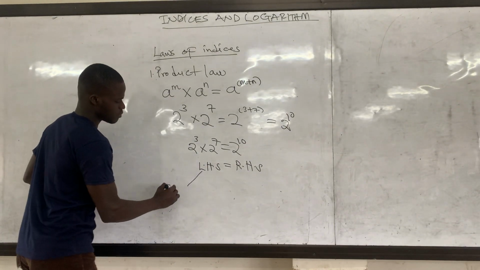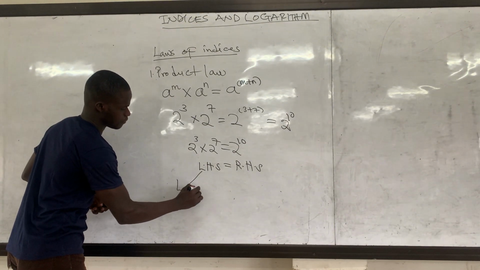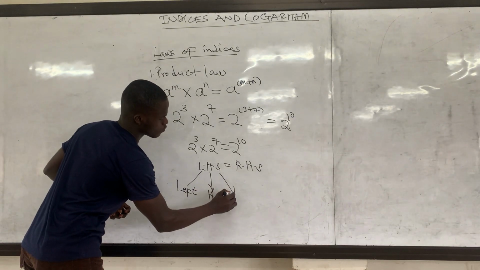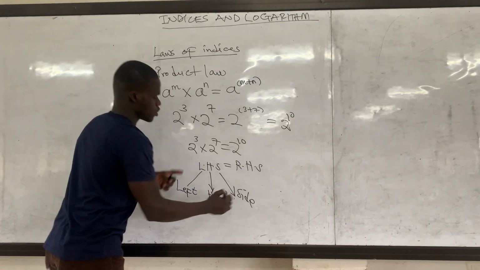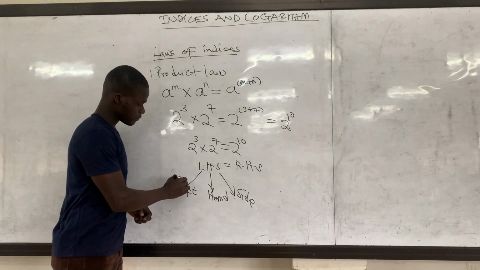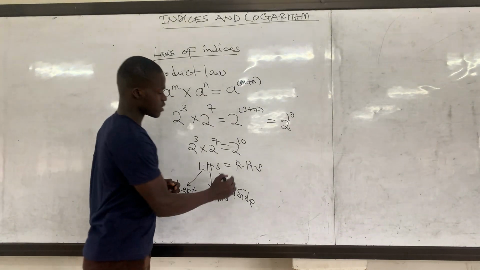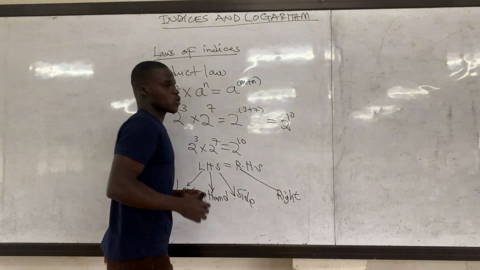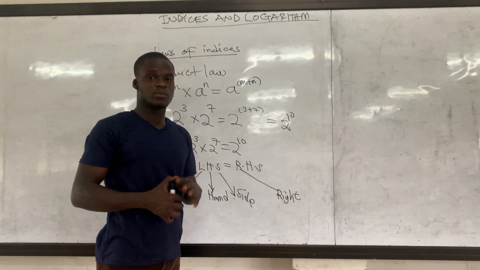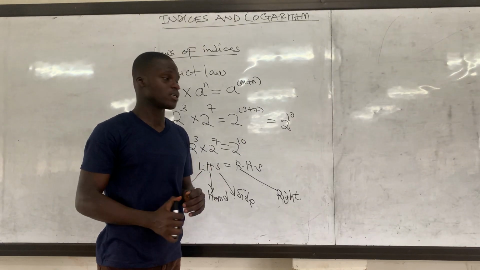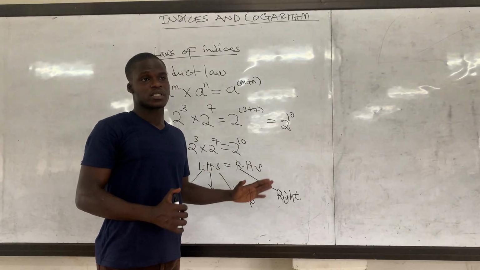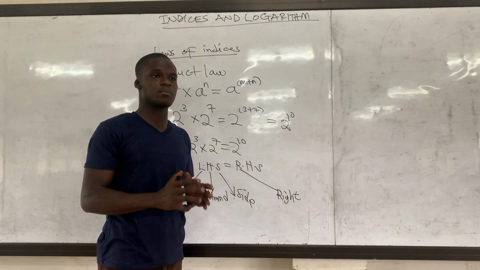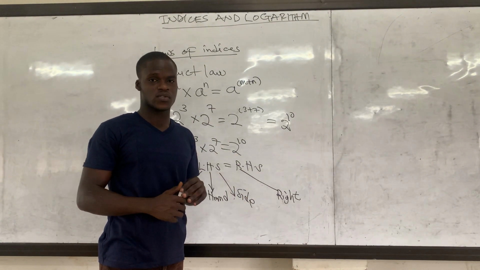The LHS means left hand side, and the RHS means right hand side. So the R here means right. So for the equation to be correct, the LHS will be equal to the RHS. Whenever for any equation we have the LHS and the RHS to be the same, then we say that that equation is correct.